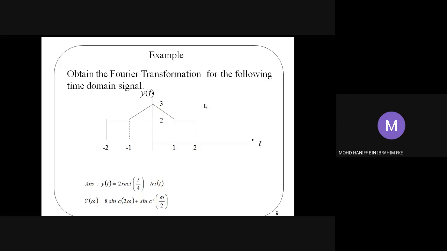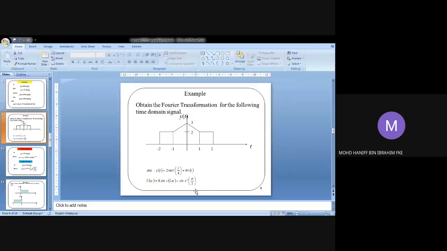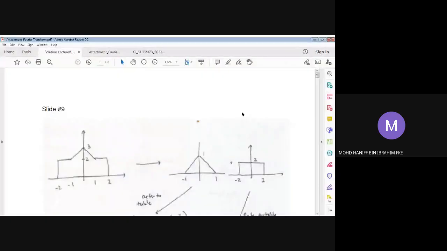So what should the Fourier transform for y(t) be? Let's have a look at the solution for this example.